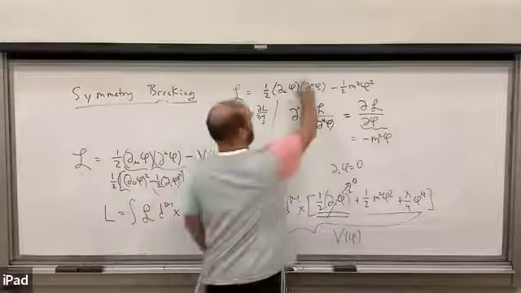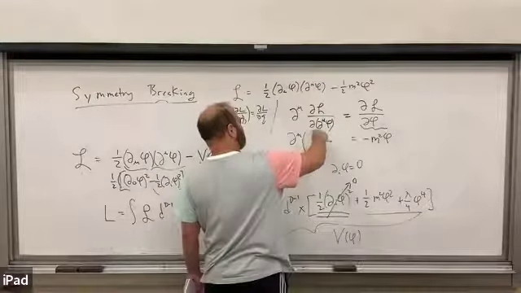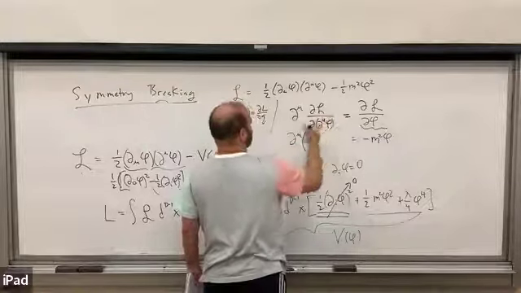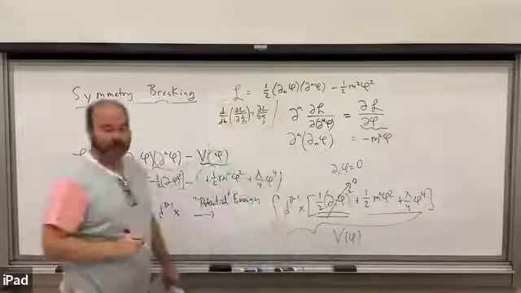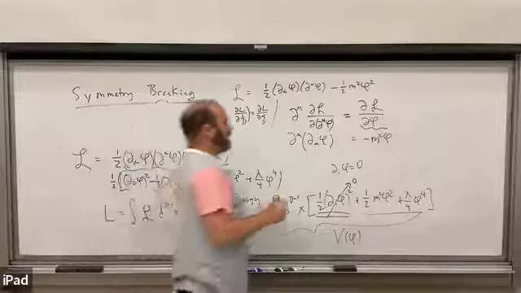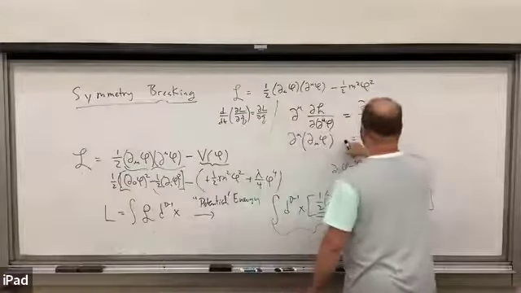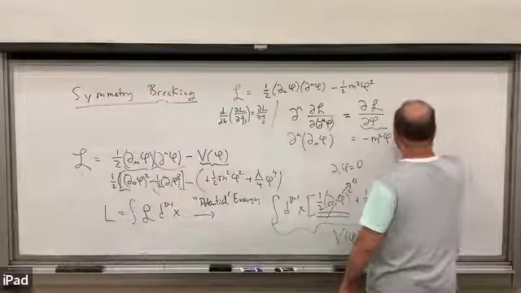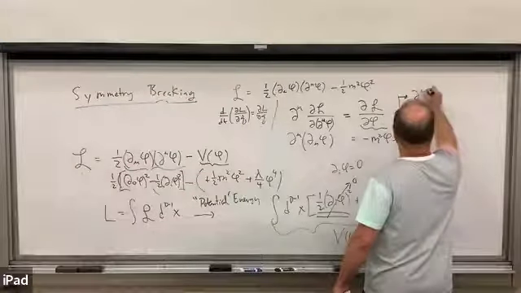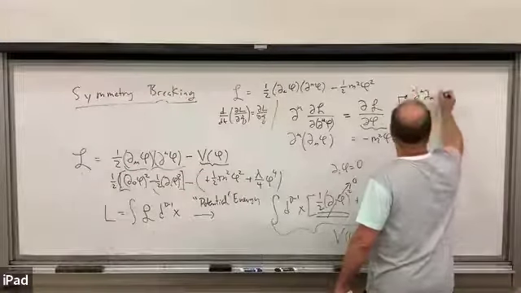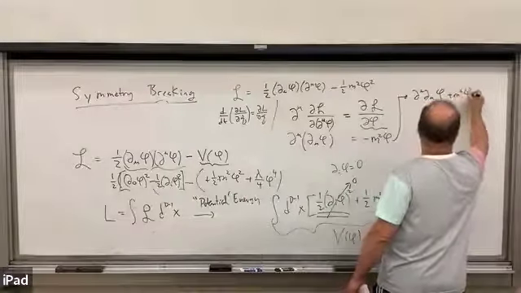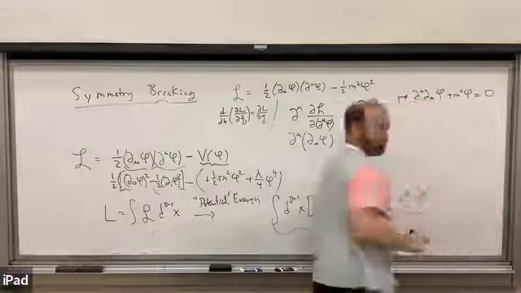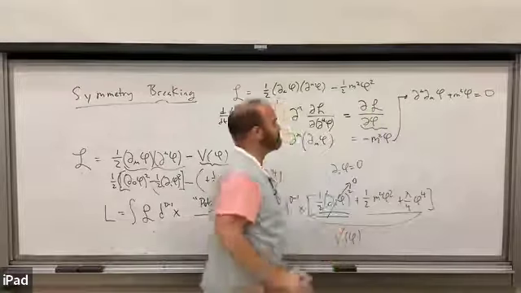If you raise and lower the indices, you take the derivative, there's two of these factors essentially, and so you're going to get basically d mu phi like that. And then you can bring this term over here, and so then what you have is d mu d mu operating on phi plus m squared phi is equal to 0.